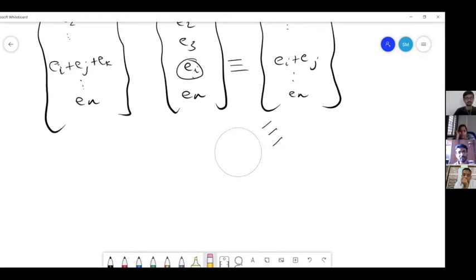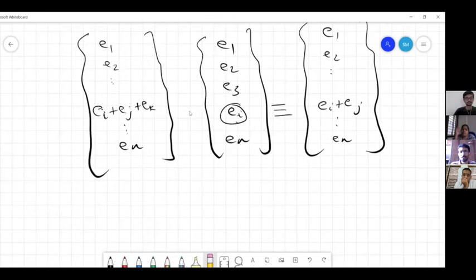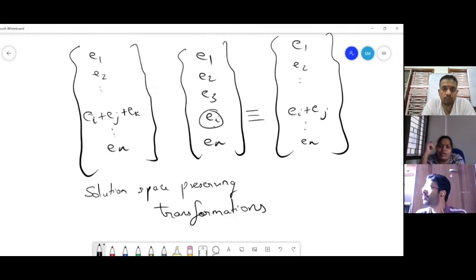Right. So now, how else can you generalize? We saw that Ei can be replaced by Ei plus Ej plus Ek, so this is one transformation. Can you further generalize this? What if we do it cumulatively?